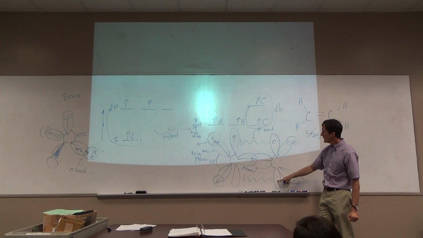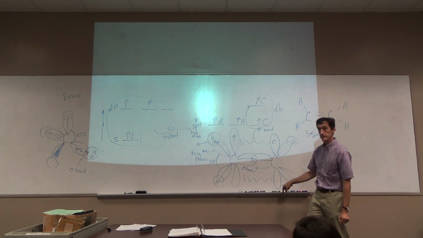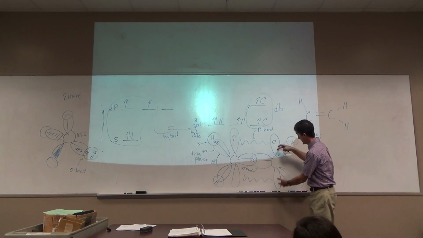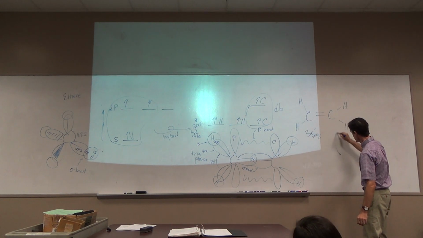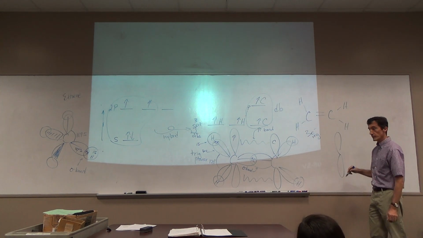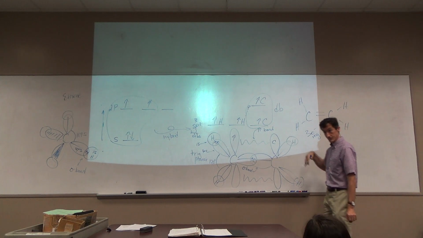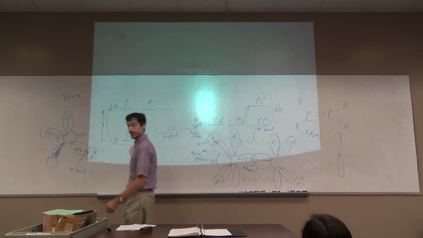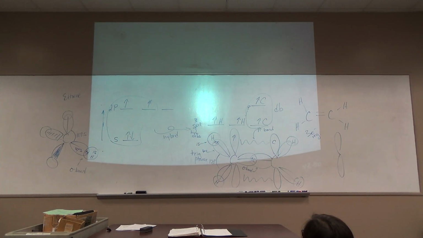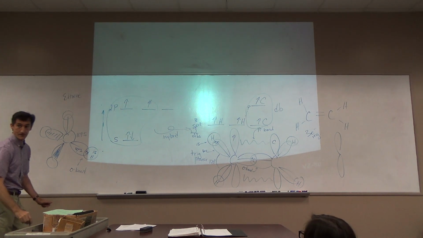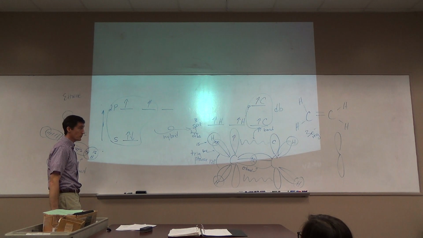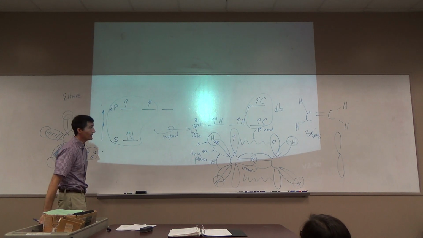Is that the same thing? No, that's a p orbital. The whole thing is the p orbital, right? Where's the electron? It's everywhere. It's the distribution of the electron. No matter where I drew my arrow, the orbital means that's where the electron is.